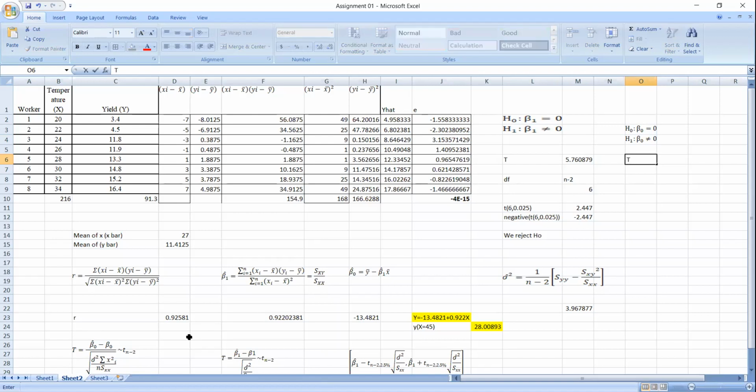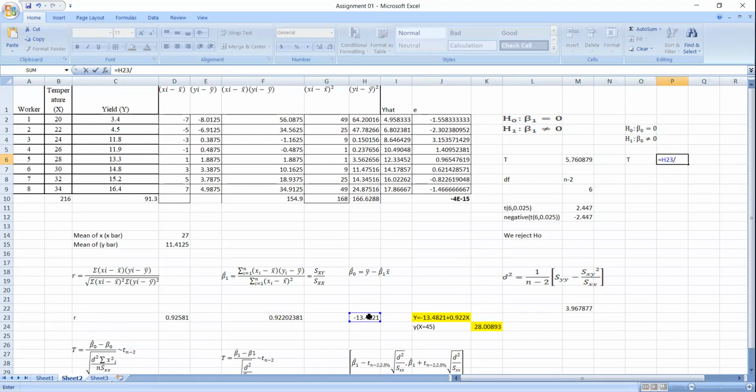If you look at the numerator, you have beta naught hat minus beta naught. But since we are testing whether beta naught is equal to 0 here, you substitute 0, so your numerator will become beta naught hat. So the beta naught hat is this one.